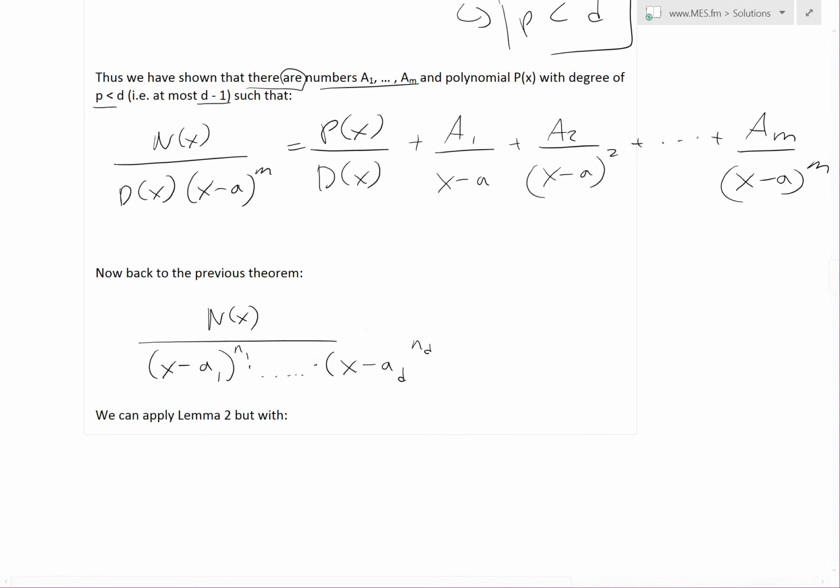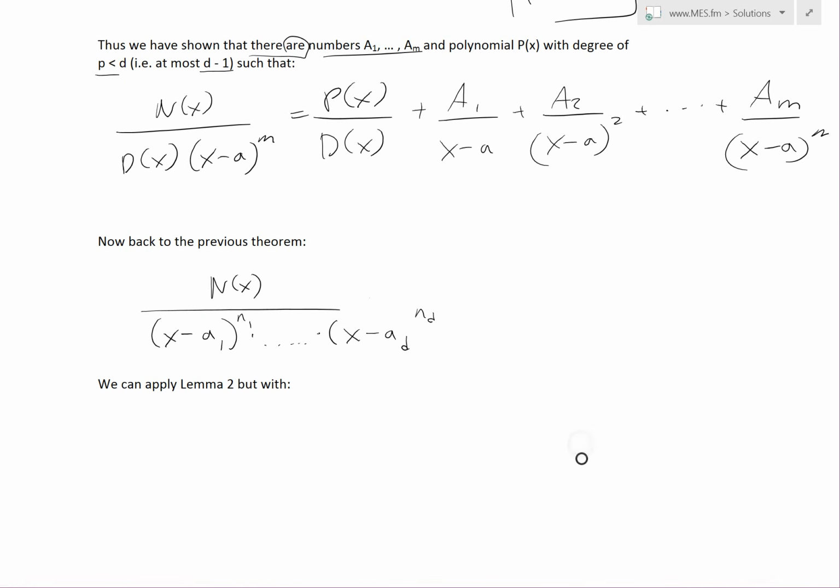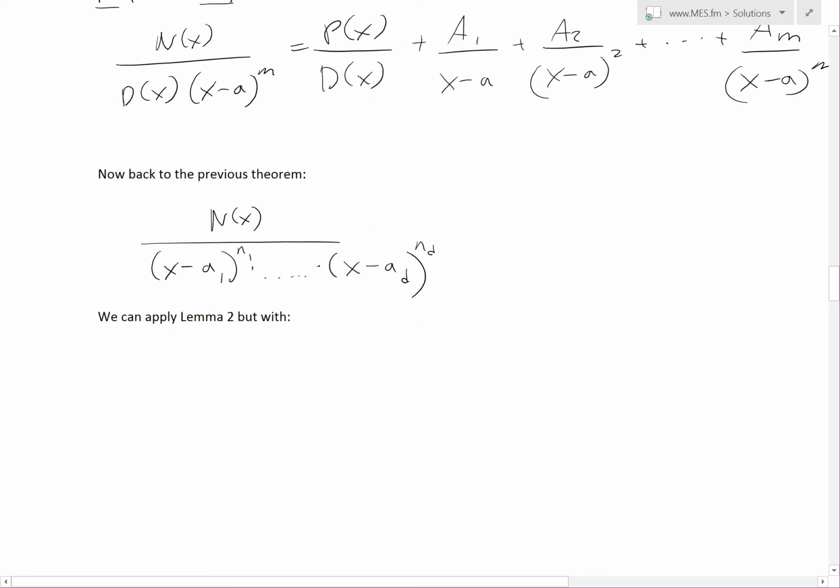So now let's finally go back to the previous theorem that we're trying to prove. When we have n of x divided by x minus a1 to the power of n1, multiplied by all the way, keep multiplying the repeating factors until x minus ad to the power of nd, we can apply lemma 2, but the trick is we let d of x equal to x minus a2 to the power of n2, multiplied all the way until we get x minus ad to the power of nd.